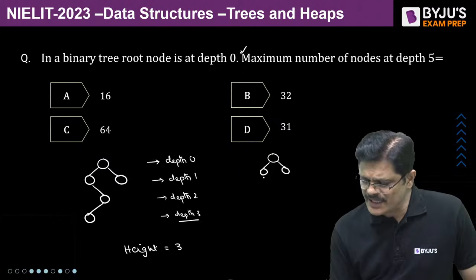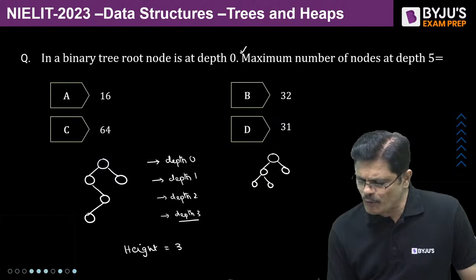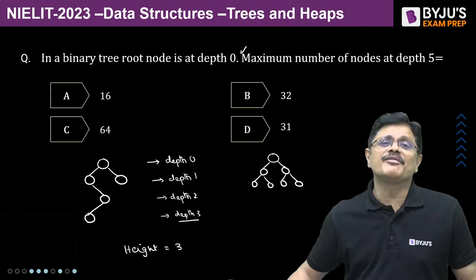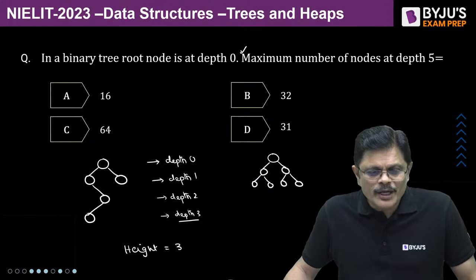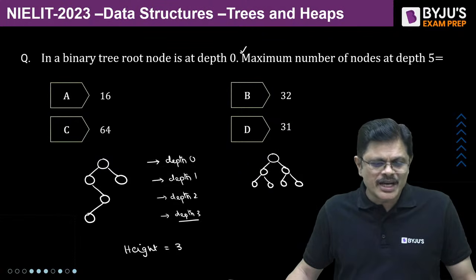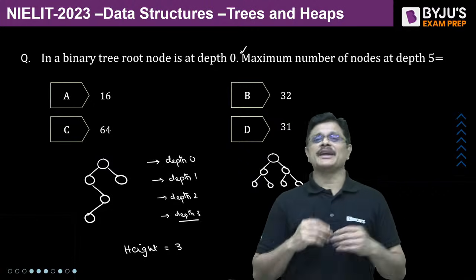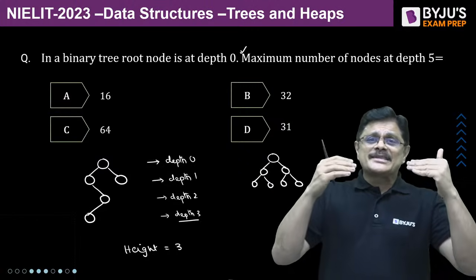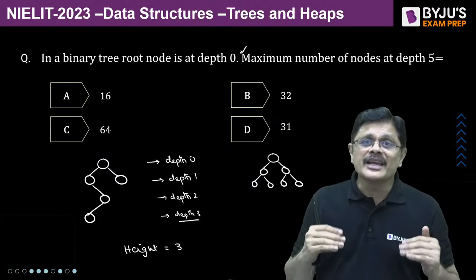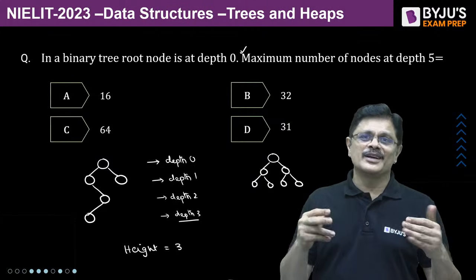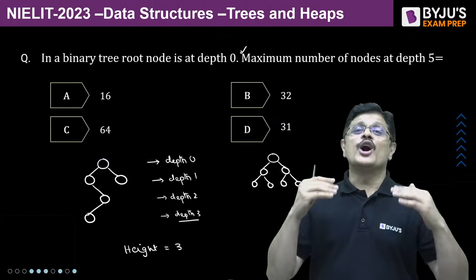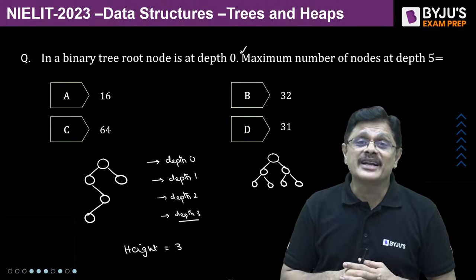And he is asking the maximum number of nodes at depth 5. See, here we want the maximum number of nodes. Very good, Shyam. Very good, Chandan Kumar. If you want the maximum number of nodes at depth 5, even the previous depths should have maximum nodes. That is, all the levels must be completely filled.